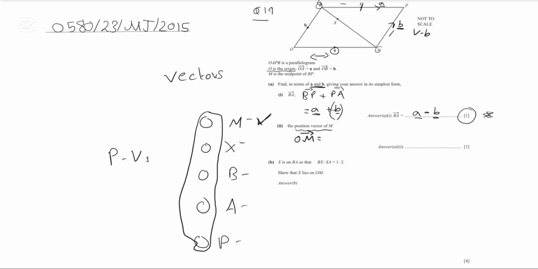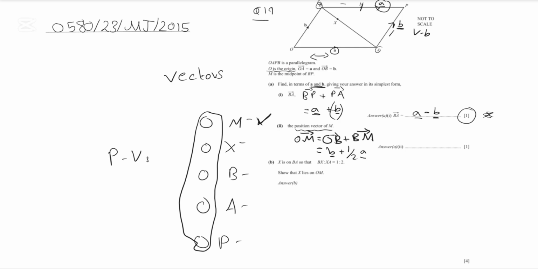So first to find OM, we're going to have to find O to B plus B to M. O to B will be B and B to M will be positive half A. The reason we're taking half A is because over here we have A as its vector.